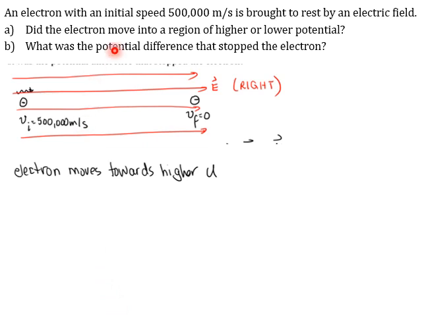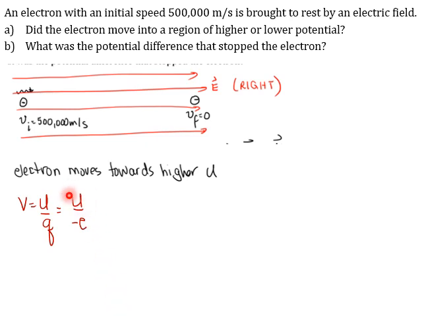To figure out if the electron moves towards higher or lower potential V, let's remember the relationship between electric potential energy U and electric potential V. Electric potential V is the electric potential energy per unit charge. In this problem, the charge is the electron, so it has a charge of minus e.